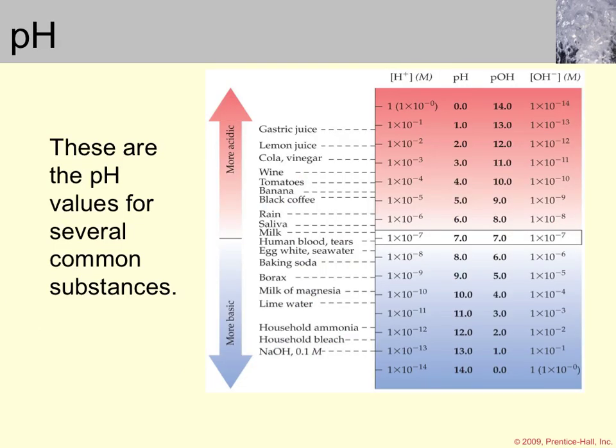I like this chart simply because it shows you all the cool relationships: first of all, pH and pOH always have to add together to give you 14, and also the exponents of the concentrations of hydronium and hydroxide ions add together to give you 14. Okay, remember pH and pOH come from the exponent values.